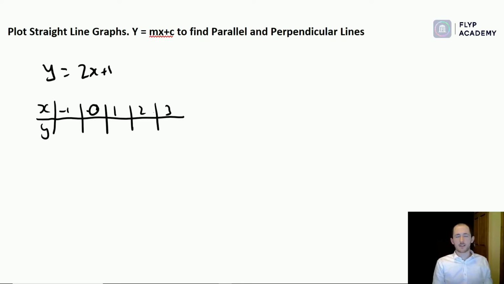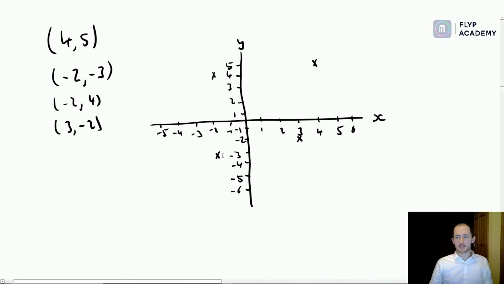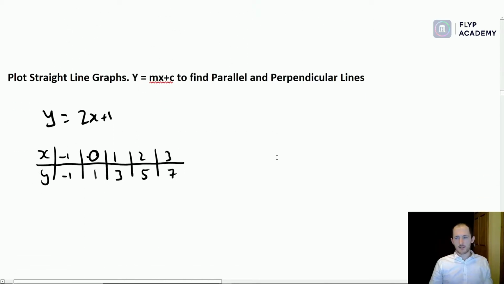And again, this is using the substitution we went through in the second spec point. So 2 times -1 is -2, plus 1, -1. That'll be 1, and then so on. So you should see it's going up by 2s each time. And you should be able to plot that on an axis like this, but it would be accurate. So that means it would be straight lines. All of the intersections would be 1 mark apart, and that's it.